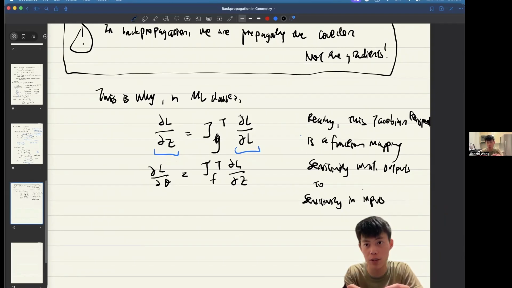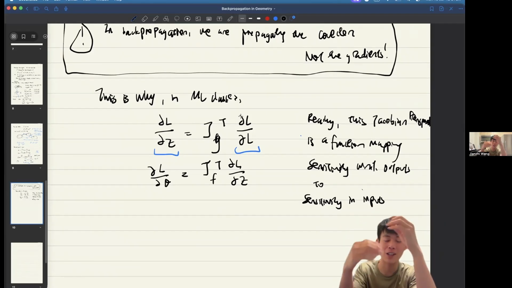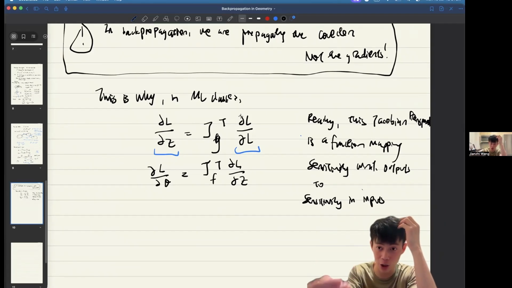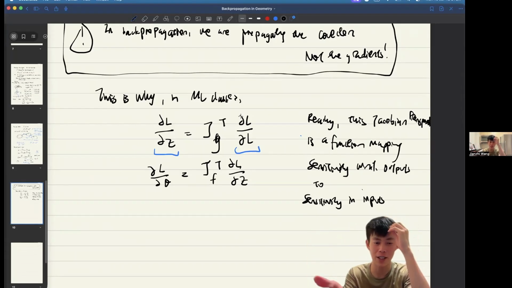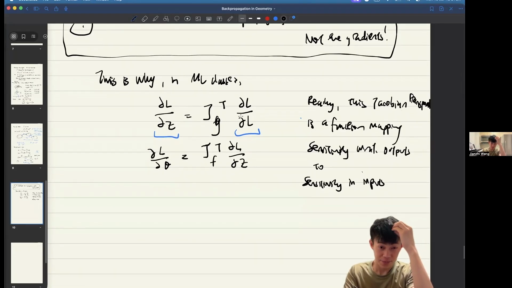And for the transpose, we assume that it is the Euclidean inner product, which is why the transpose operation, which is actually the pullback operation corresponding to the ordinary Jacobian, is just the flipping of the matrix, right? The transposing of the matrix. And this is why we often see the sensitivity as the composition of the transposes of the Jacobians.